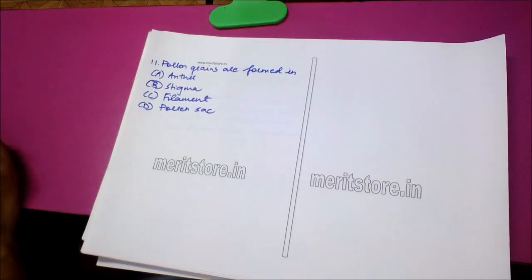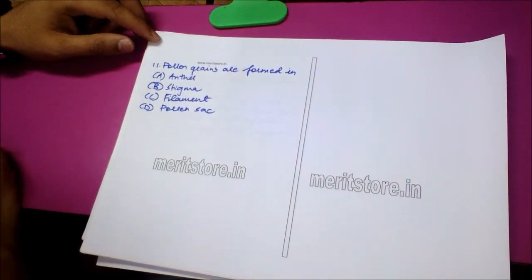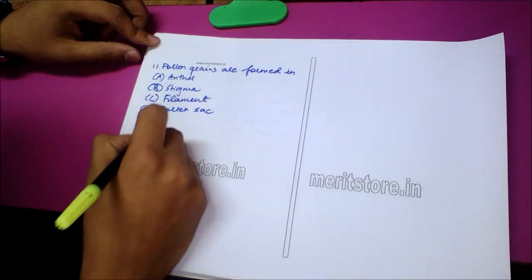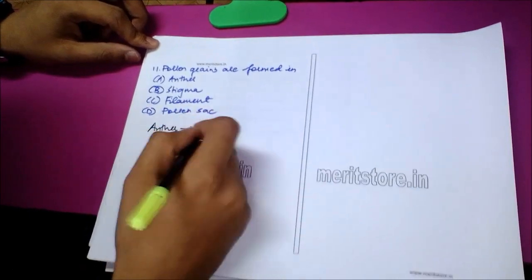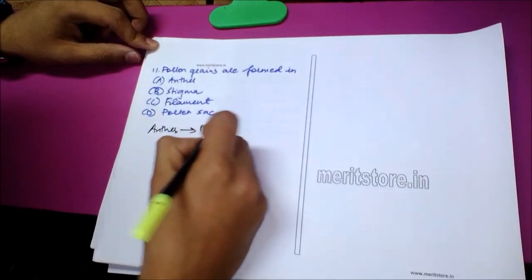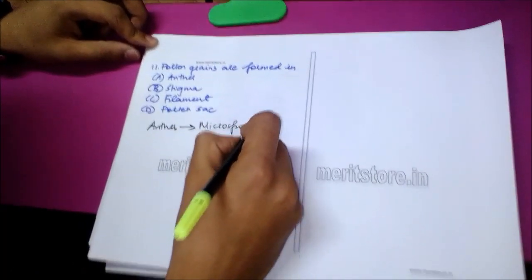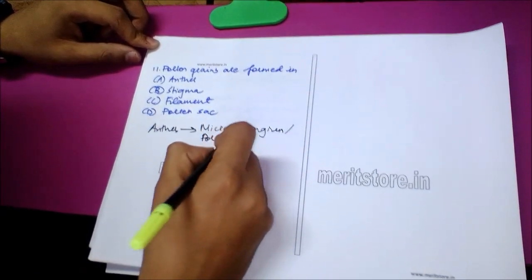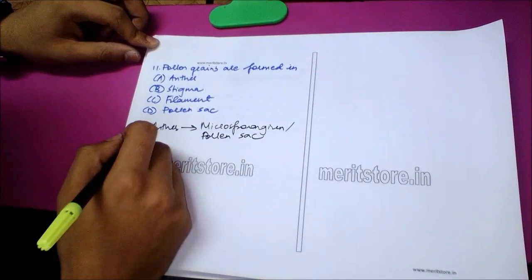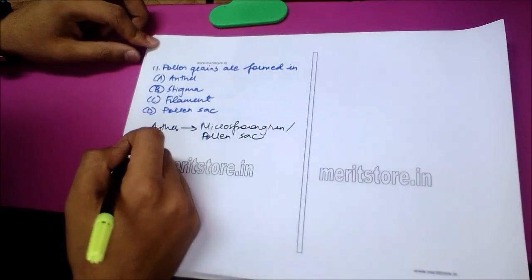Our next question is, pollen grains are formed in option A, anther, option B, stigma, option C, filament, and option D, pollen sac. The anther consists of a part known as the microsporangium or the pollen sac, which is the actual site for the formation of pollen grains or microspores, which are a precursor to the male gametophyte.